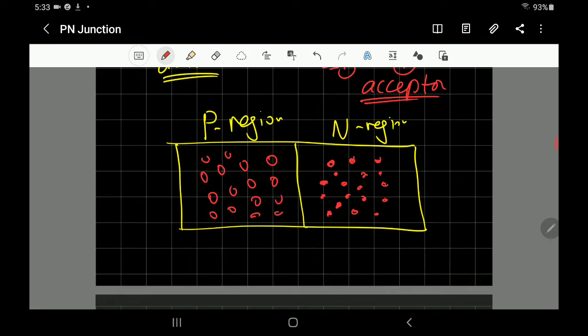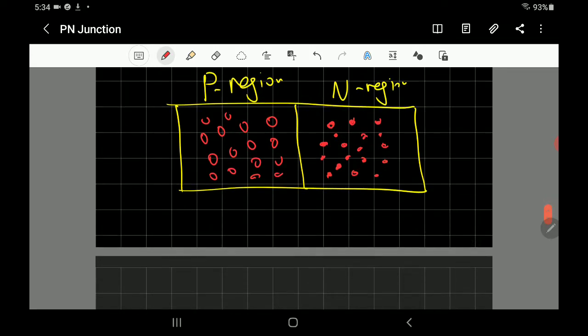So that's the structure of the PN. We have 2 regions, the p region and the n region. And once you put them together, you get something called a PN junction. Once this is done, the electrons on the n side will diffuse to the p region.